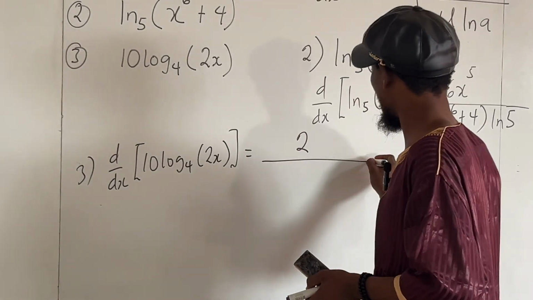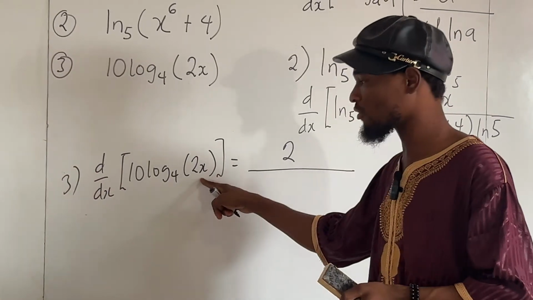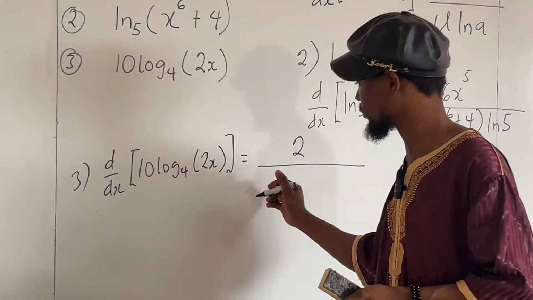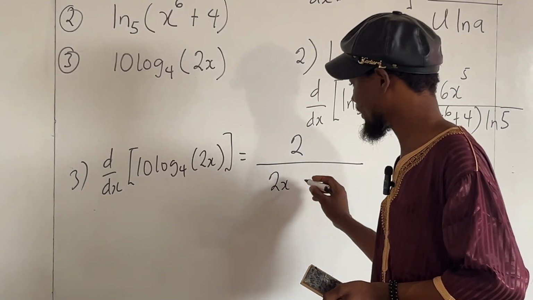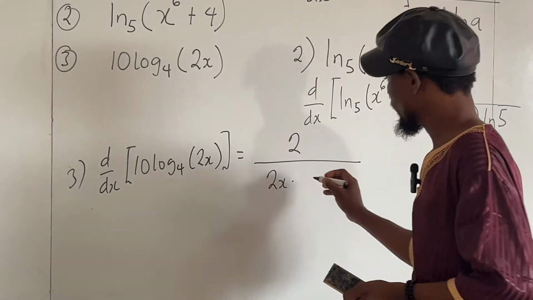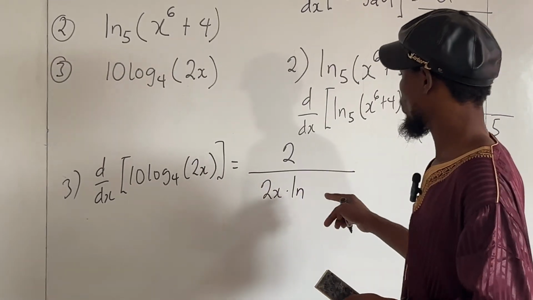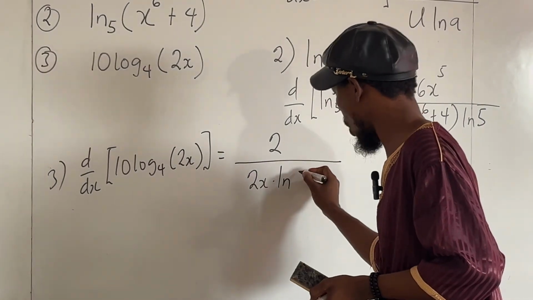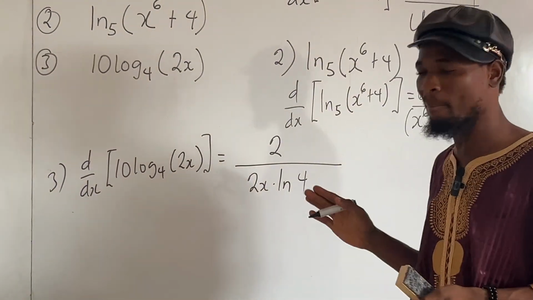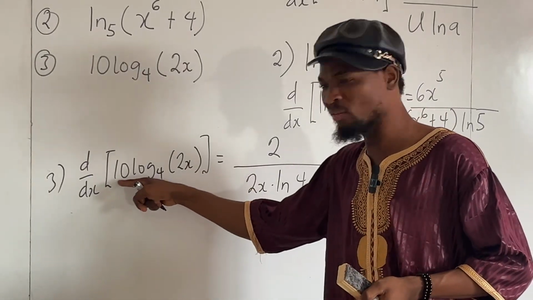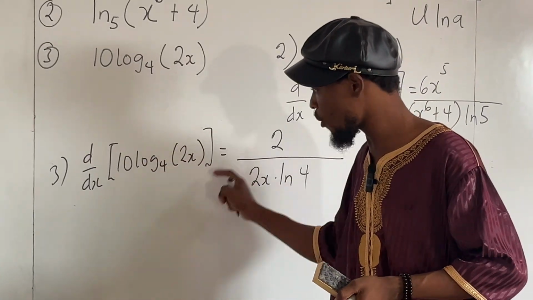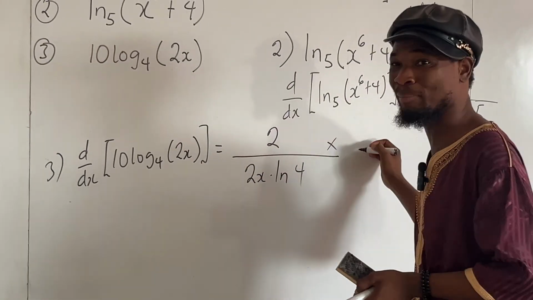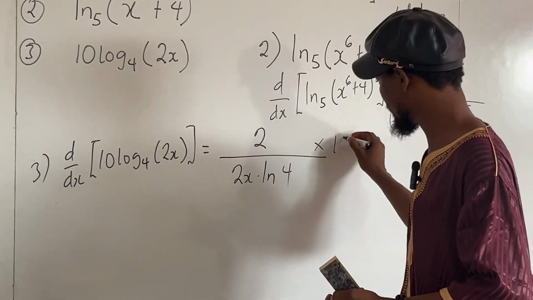Then all over, 2x represents our u, the original function. Then times log of 4, because this is the base. But remember, 10 multiplies the whole function, so this whole expression will be multiplied by 10.